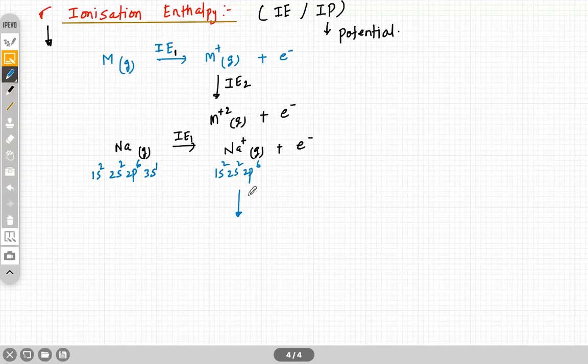So IE2 is extremely high here because you want to take an electron out from a very stable configuration. This ion does not want to lose its electron easily, so we have to provide a very high amount of energy, and it is not possible under usual conditions. But if somebody asks you the relation of IE2 and IE1, IE2 is greater than IE1.